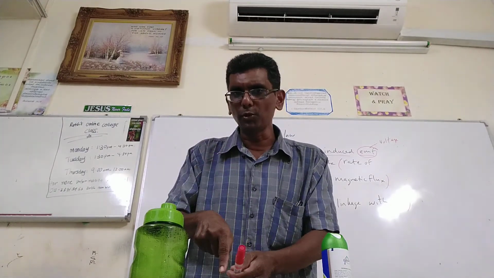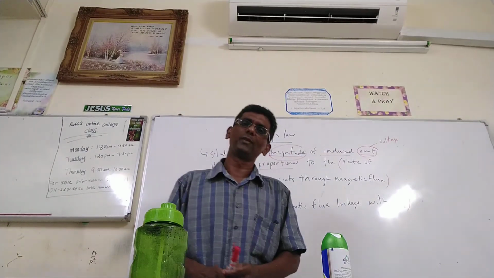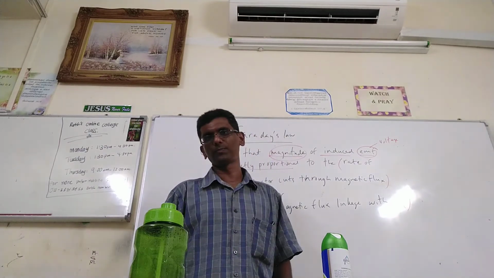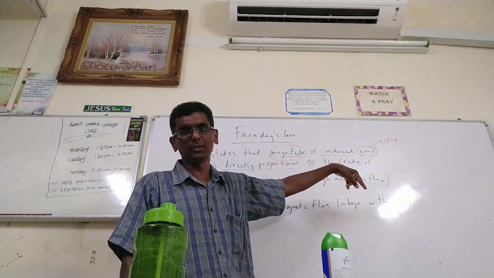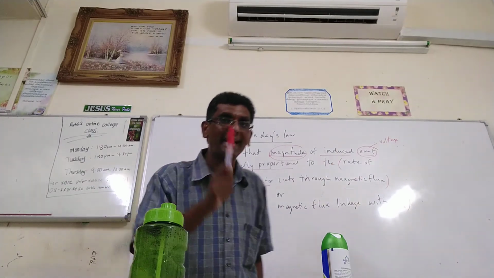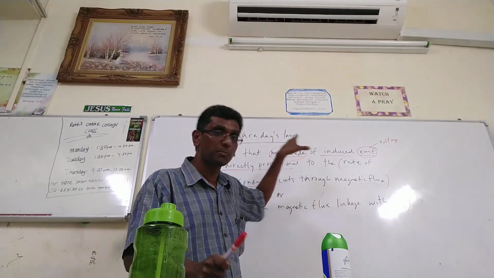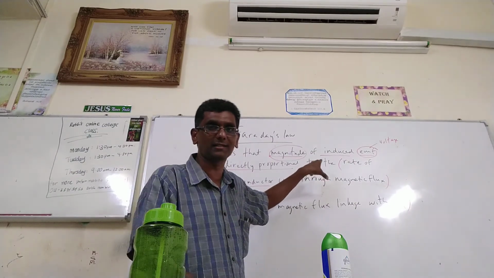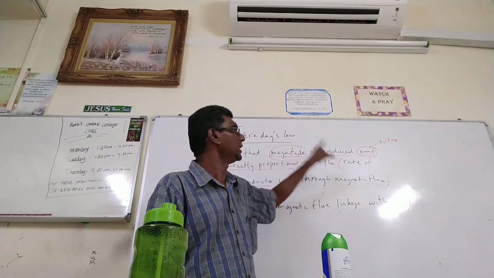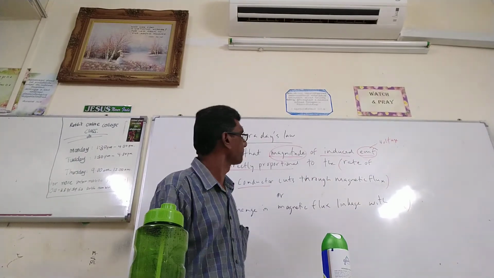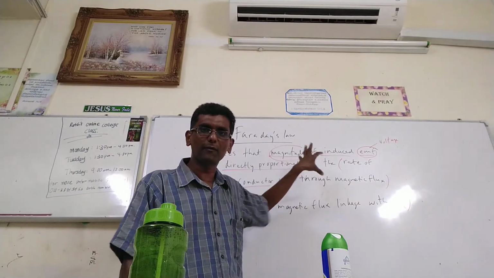When current is produced, voltage is also produced. So induced EMF means induced voltage. The voltage is not from a battery. Voltage is produced by cutting of magnetic flux. That is called induced EMF, or voltage.